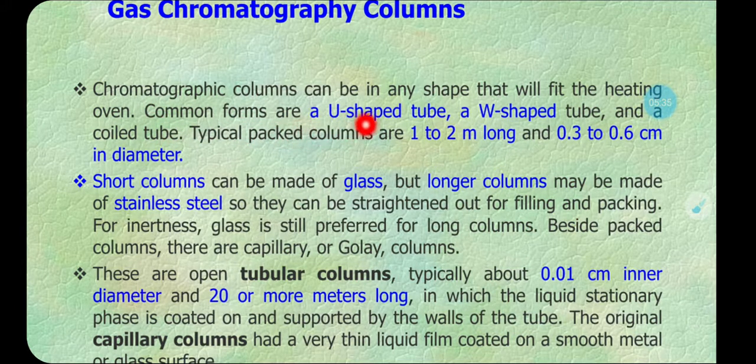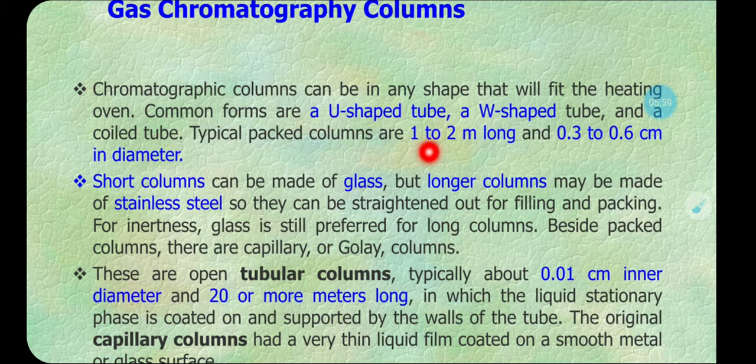Commonly it is formed as a U-shaped or W-shaped tube, because the columns are of longer length. So a long column should be in a small size, that may be U shape, W shape, or coil type.